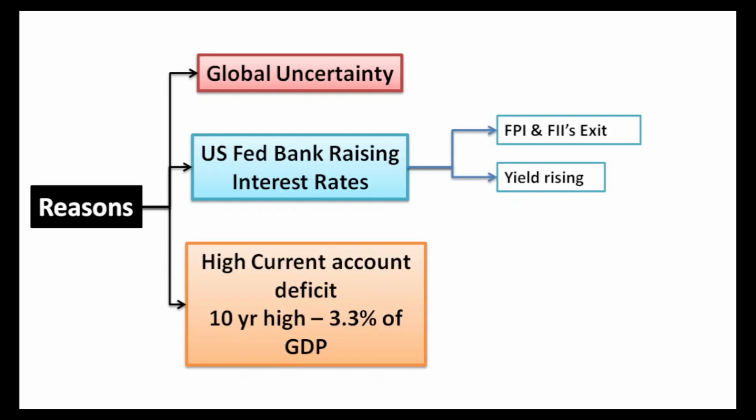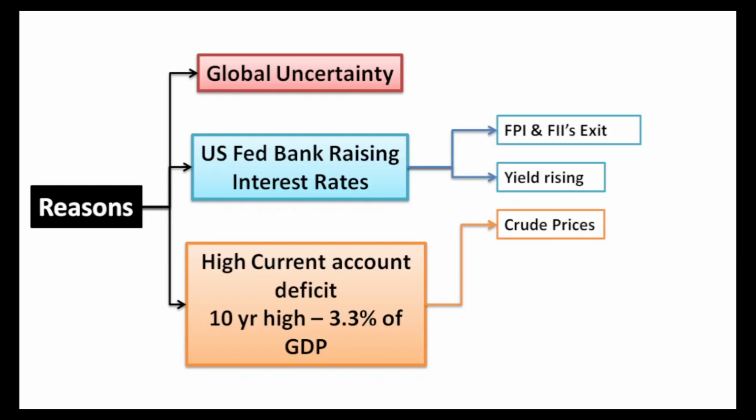And there is also a high current account deficit. This high current account deficit is caused by various reasons, and one of the main reasons is the high crude oil prices. Because of the conflict and the shortage of production, the crude oil prices in the global market have been continuously increasing. So when crude oil prices increase, we have to pay more for the same amount of crude.